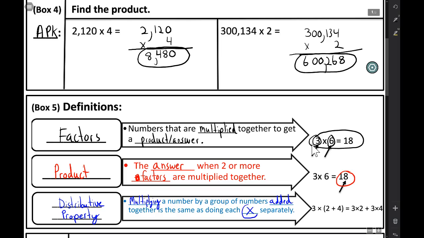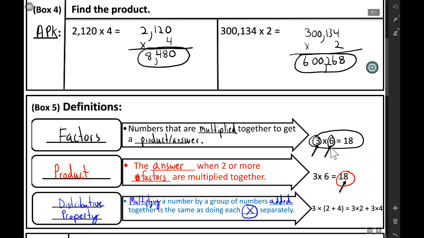And for this example, instead of writing the word multiplication, I just use the actual symbol for multiplication, partly because I didn't have enough room, okay? So one more time, distributive property.